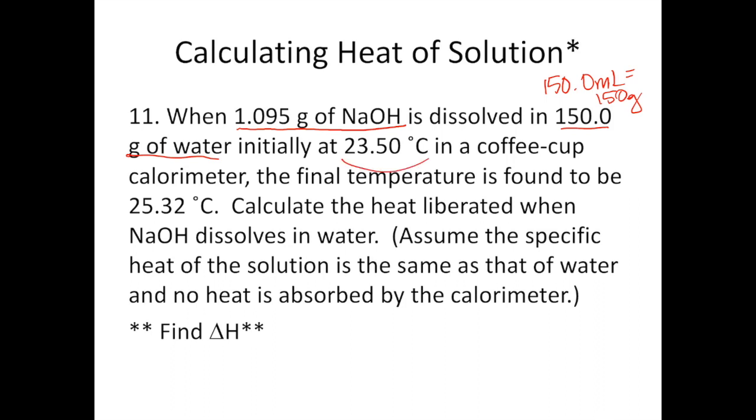So that's our mass. Initial temperature here, coffee cup calorimeter, final temperature here, and we want to calculate the heat and then find delta H. So first we're finding Q. We've got to remember Q equals mc delta T. Then we have to find delta H, which is going to be the Q that we just found with a change in sign over moles.